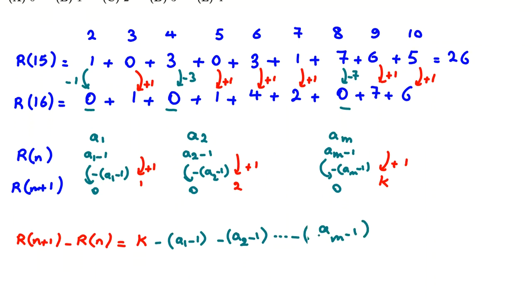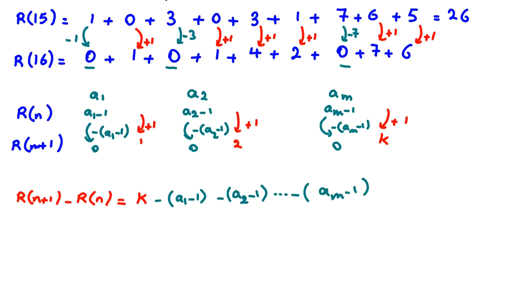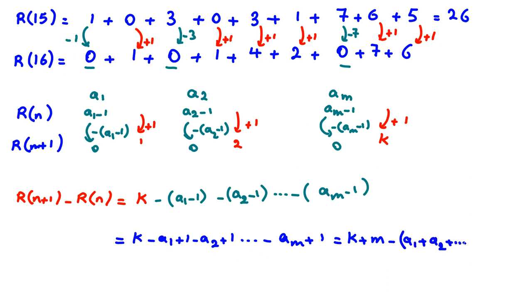So let's calculate this addition and subtraction. It will be k minus a1 plus 1 minus a2 plus 1, to minus am plus 1. So how many plus 1s are there? m. So it will be k plus m minus a1, and we can factor the negative from a2 to am.